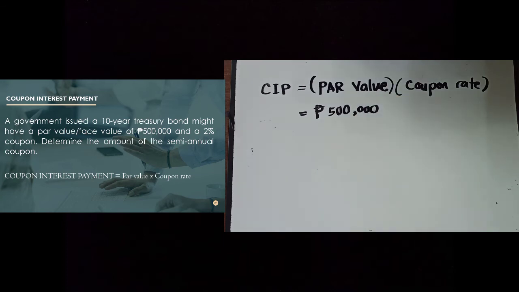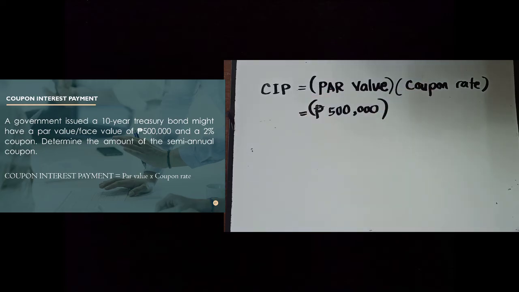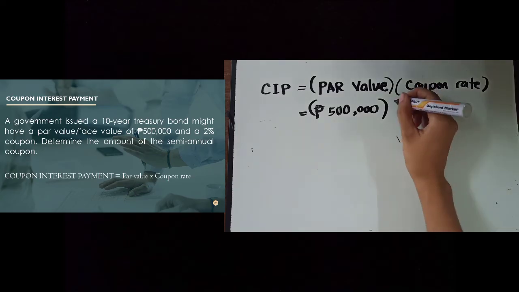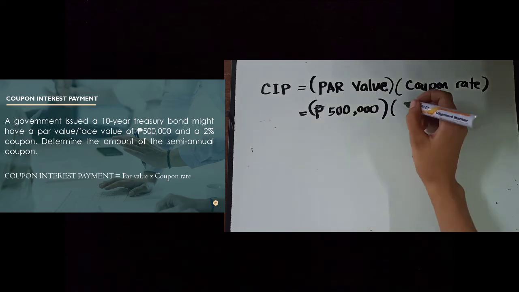Then multiply by the coupon interest rate, or the coupon rate. The coupon rate is how many percent? So we have 2%, so let's convert this 2% into decimal. If we convert this into decimal, this is 0.02.